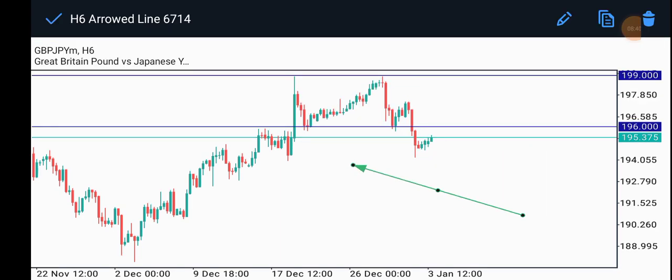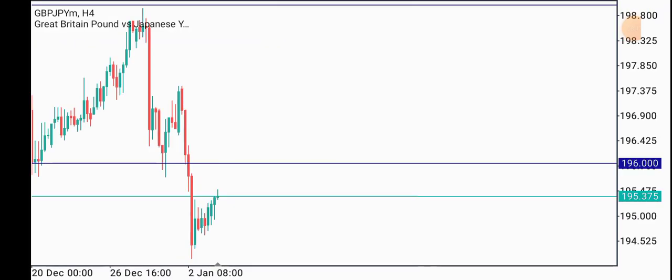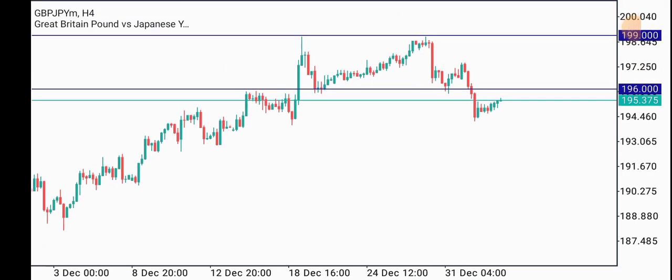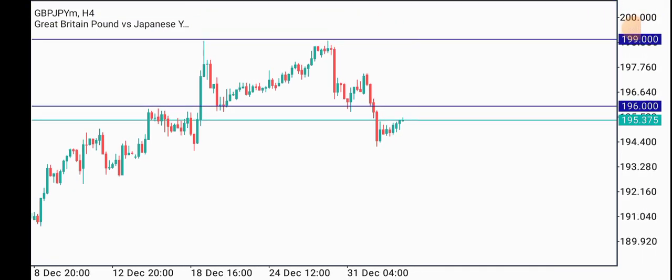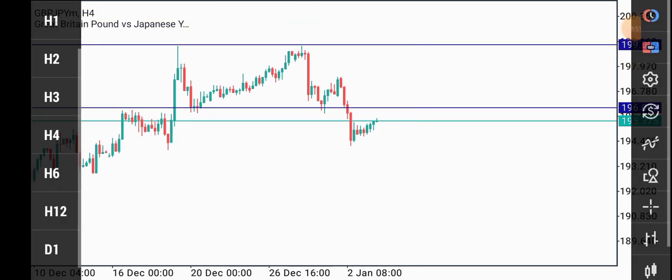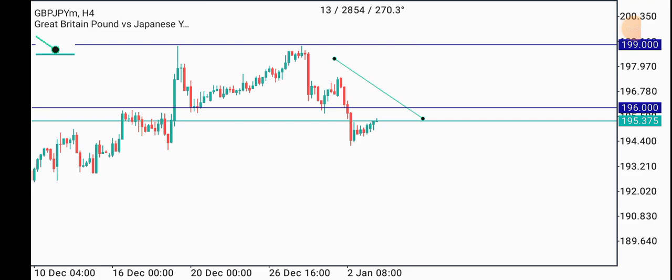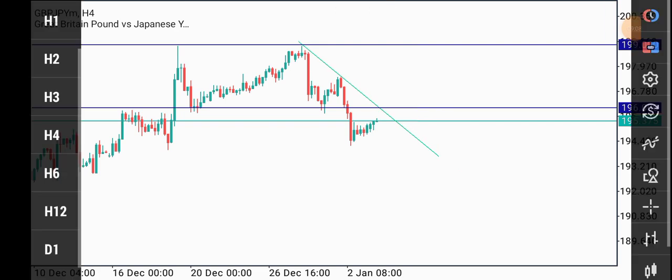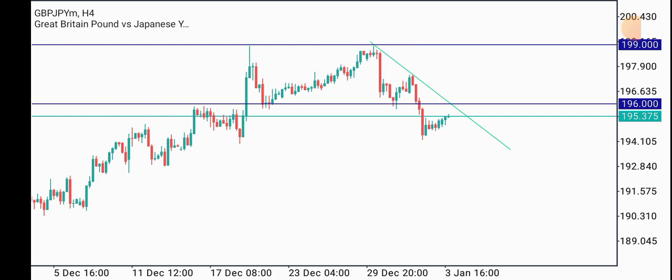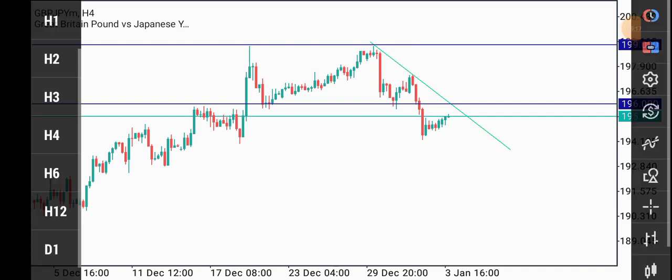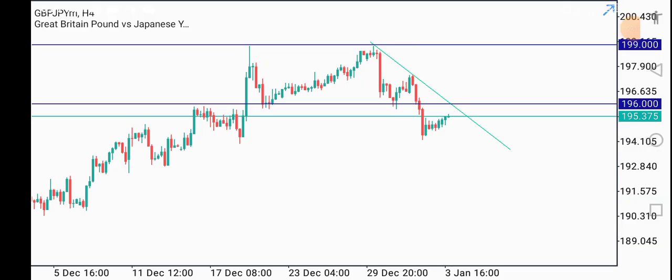So let's scale down to the 4-hour. From the 4-hour, we can apply our technical tools, like a trend line. If we draw our trend line from the recent swing level, 1, 2, what we're expecting from the market is a second touch of the trend line, which is in conjunction with this previous psychological level, this level.